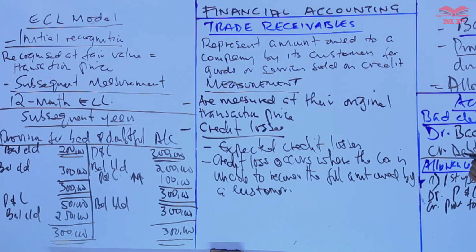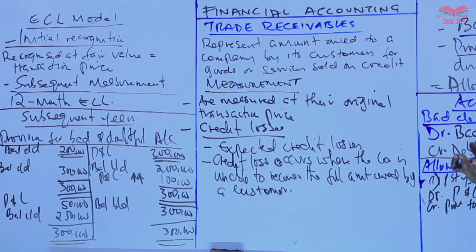Accounting treatment for provision of doubtful debts depends on 1, the year of trading.